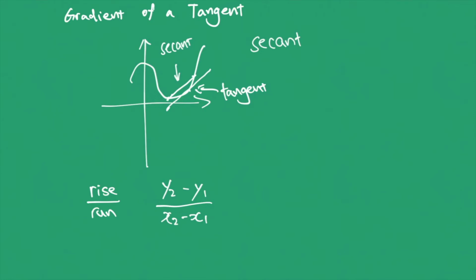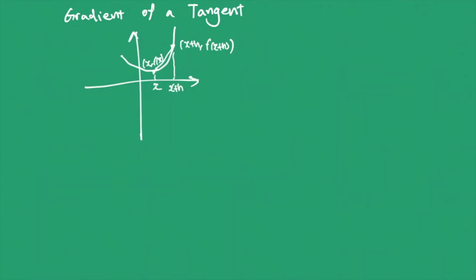But what happens if we move one point of a secant close to another? First, we can have a look at this diagram. If this is x and this is x plus h, then the point of this one would be x and f(x), since we can sub x into the function to get the y value.